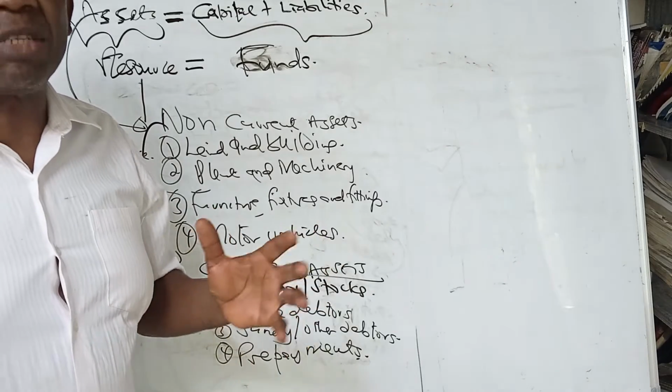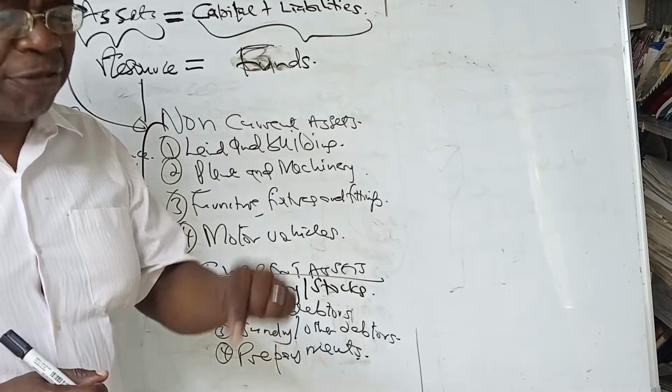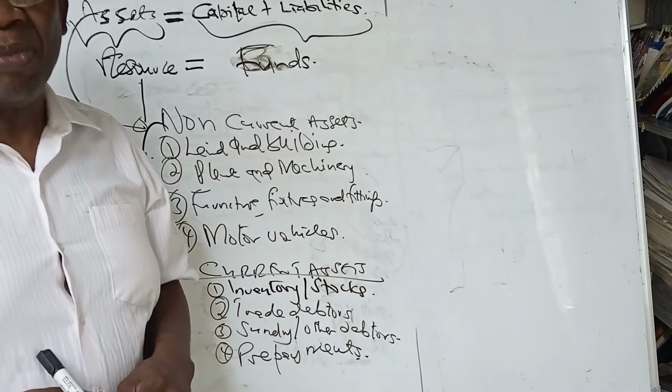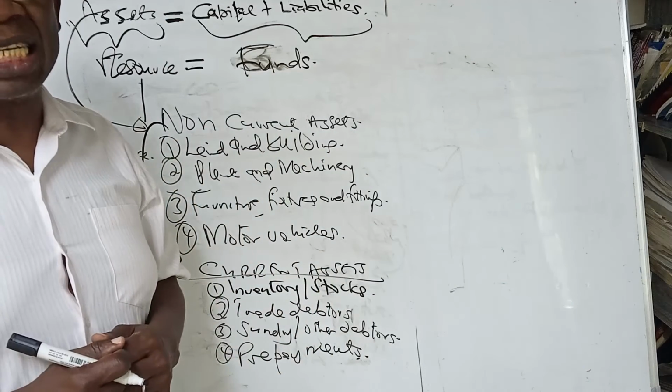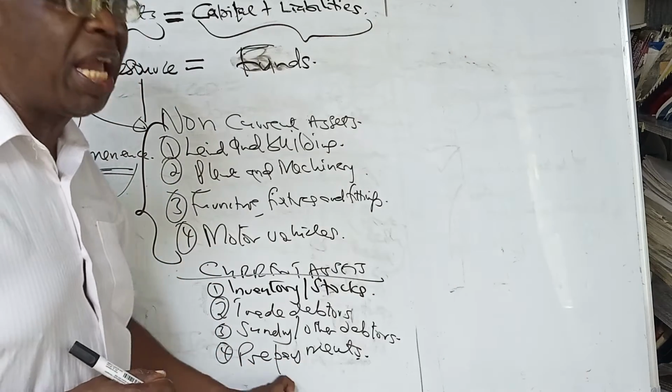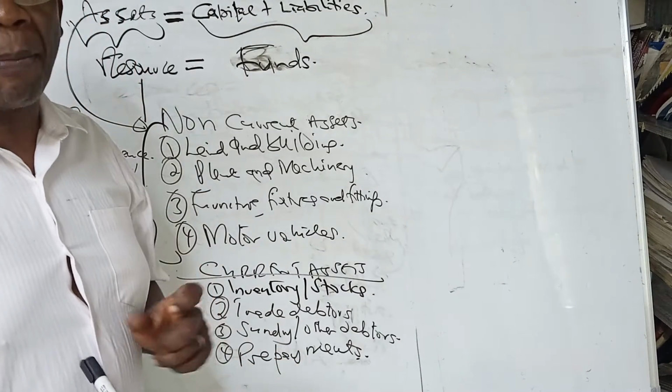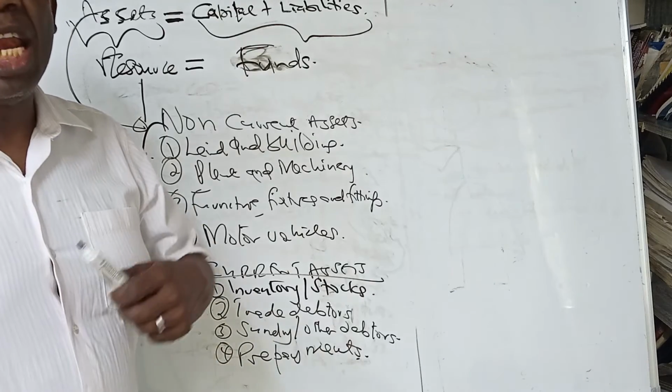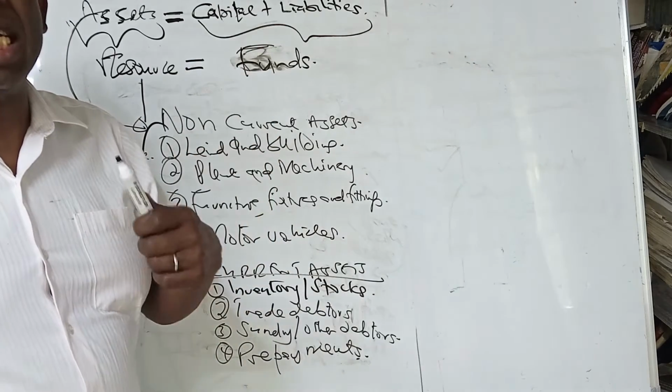So you are told to pay 6 months of rent even before you get into the house the first day. Immediately you pay that, it becomes a prepayment. You have paid before using. They are payments made before the receipt of goods and services.